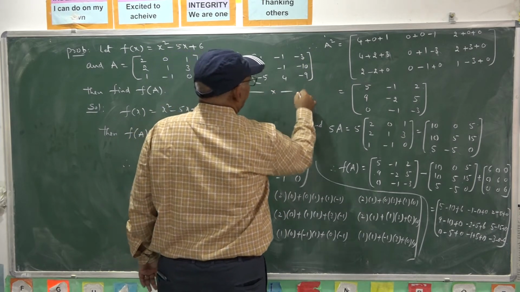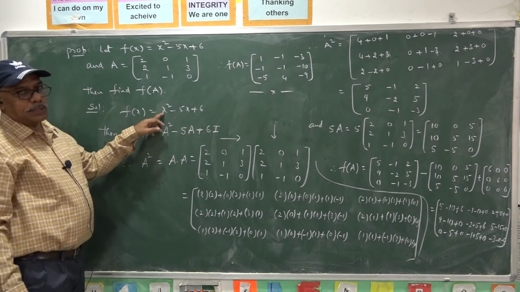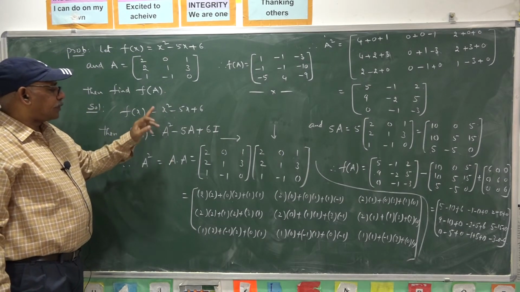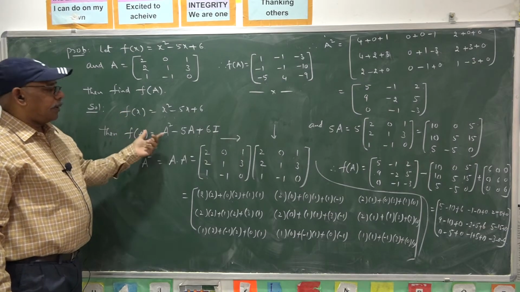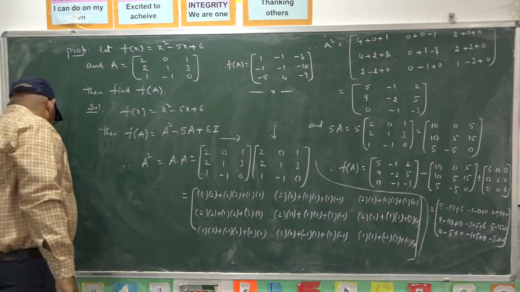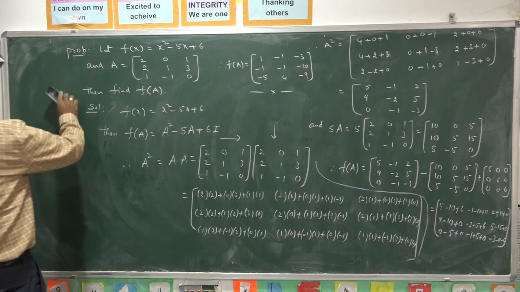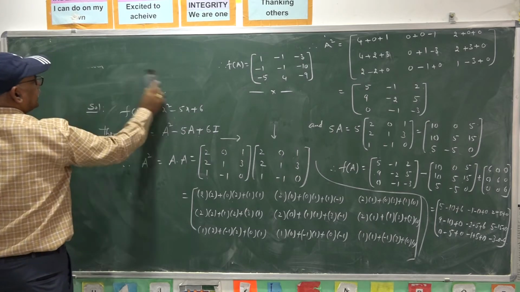So, this is our f of A. Once you replace x with A, you get the matrix polynomial. Next one.